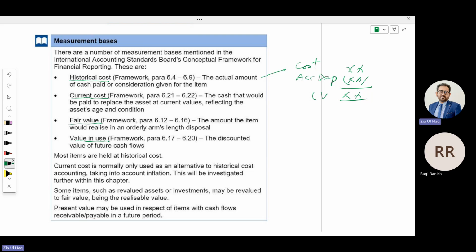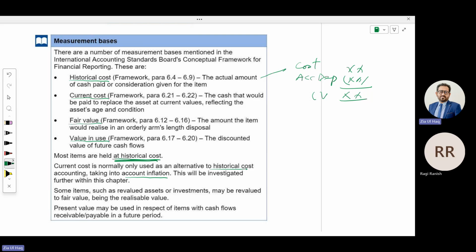So there are a number of measurement bases mentioned in the IFRS conceptual framework for financial reporting. Most items are held at historical cost, which is the most widely used method. Current cost is normally only used as an alternative to historical cost accounting, taking into account inflation.